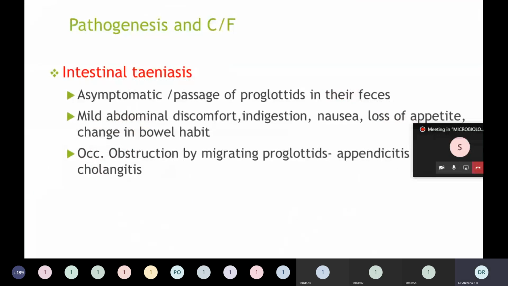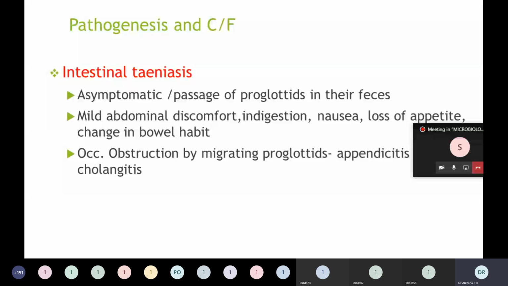Coming to the pathogenesis and clinical features. It causes intestinal taeniasis, which is caused by both Taenia saginata and solium. Most of the time, patients are asymptomatic in spite of a large worm inside the intestine. There will be a little bit of inconvenience and passage of proglottids in their feces.